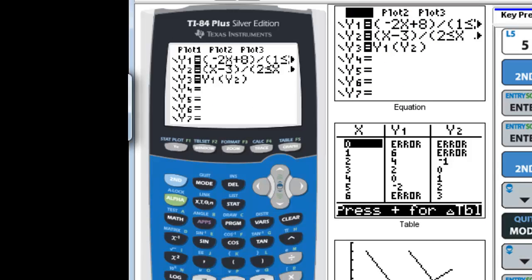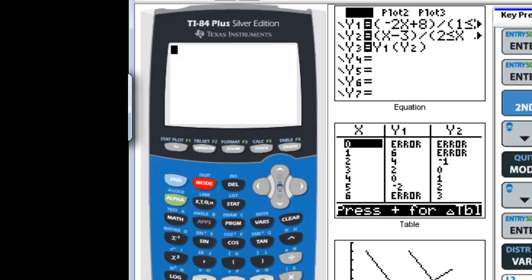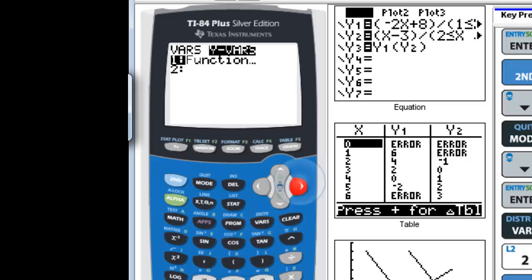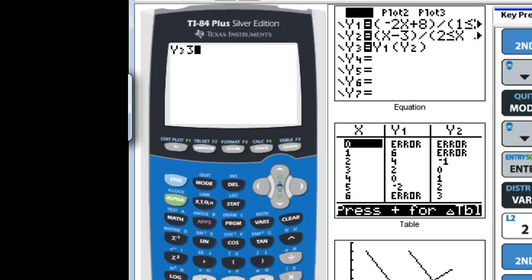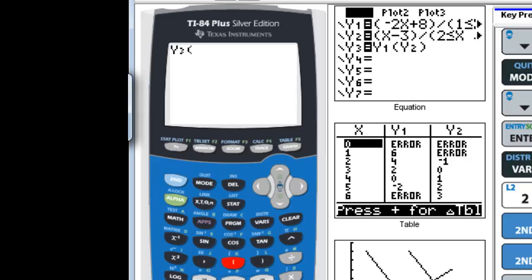I'll plug 5 in on the home screen, y3 of 5. Well, we get the answer. Let's see what we know it will be.